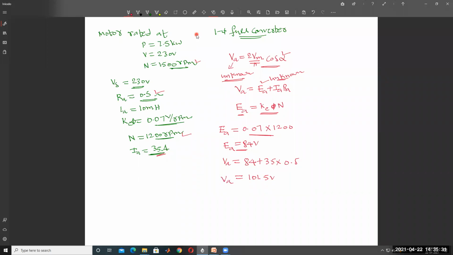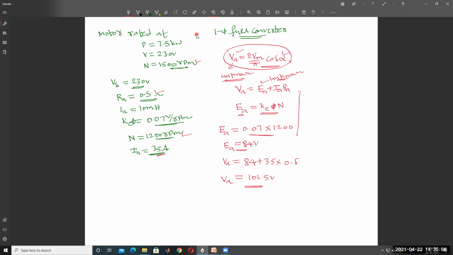This is VA. Understood? From the equation VA is equal to 2Vm by pi into cos alpha, VA is known and Vm is also known, so by using this relation, find alpha.